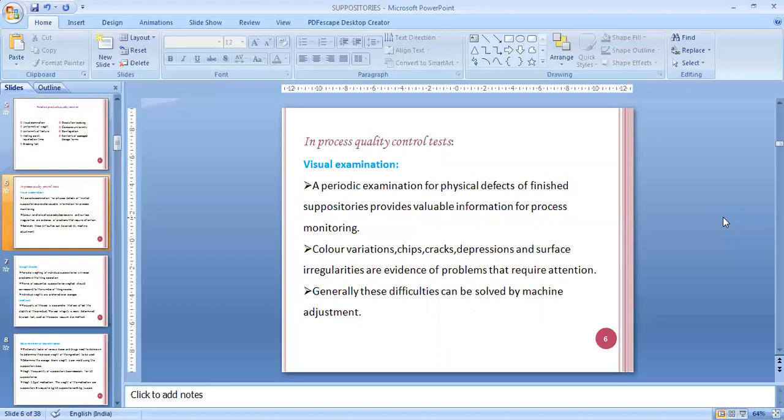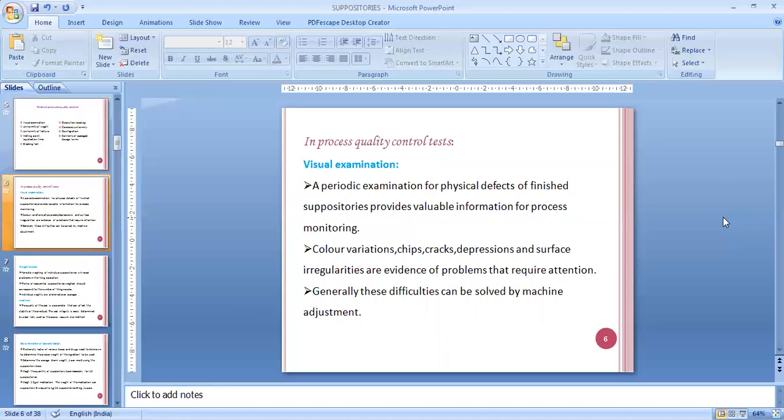Now, in-process quality control tests, starting with visual examination. Just now I said there are four tests under this. One is the visual examination, a periodic examination for physical defects, if any, in finished suppositories.